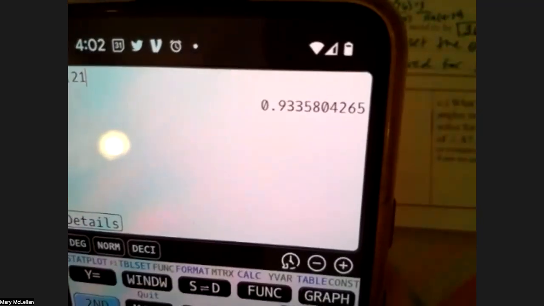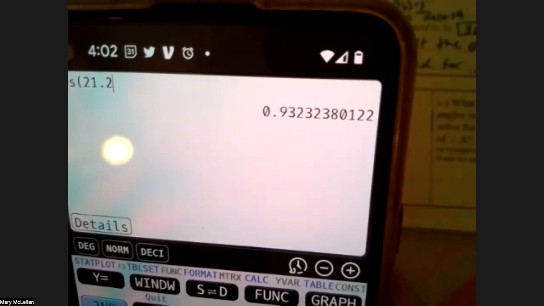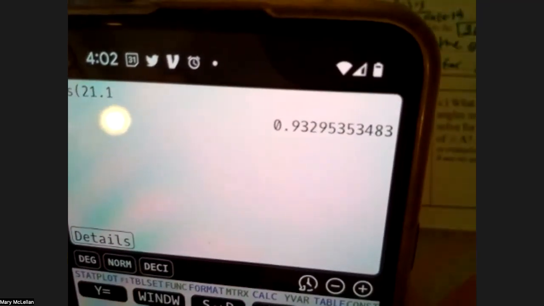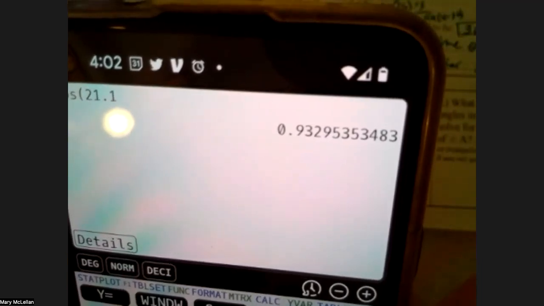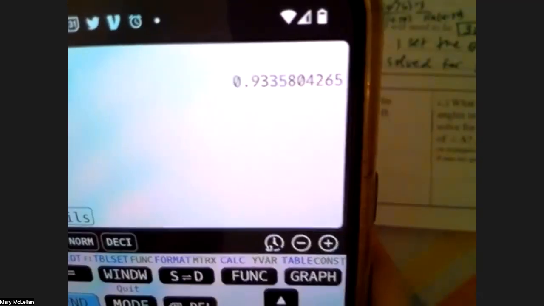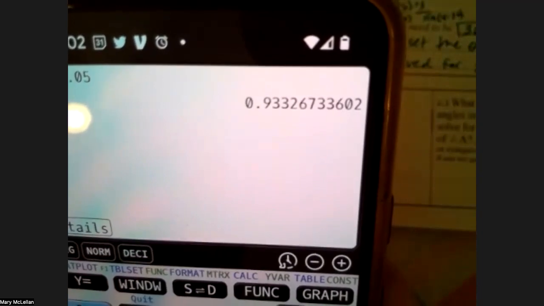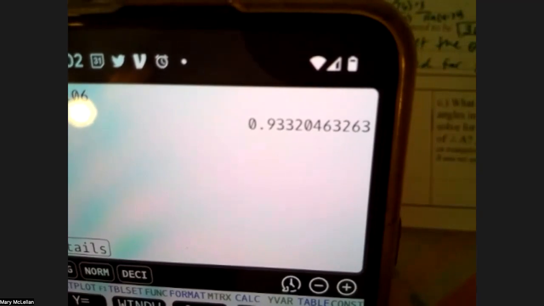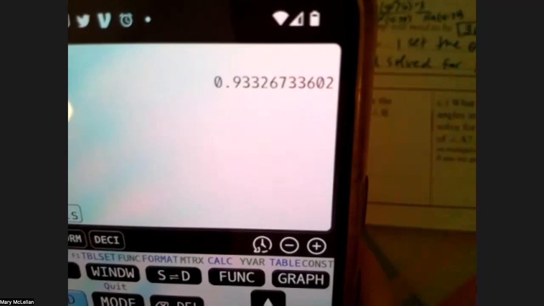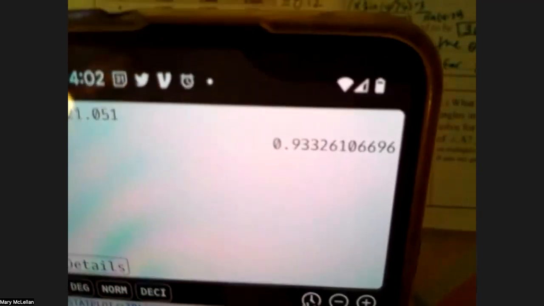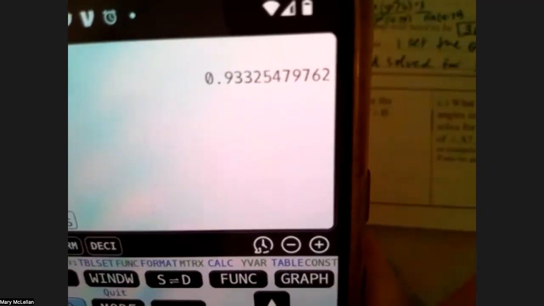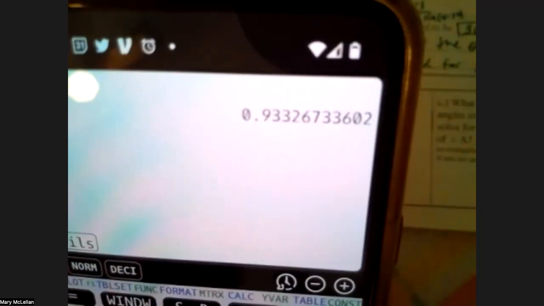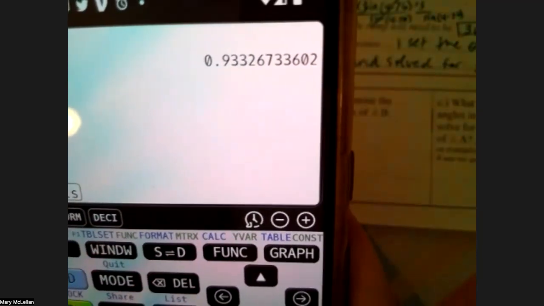0.9335. What about 21.2? Ooh, that's really good. What about 21.06?